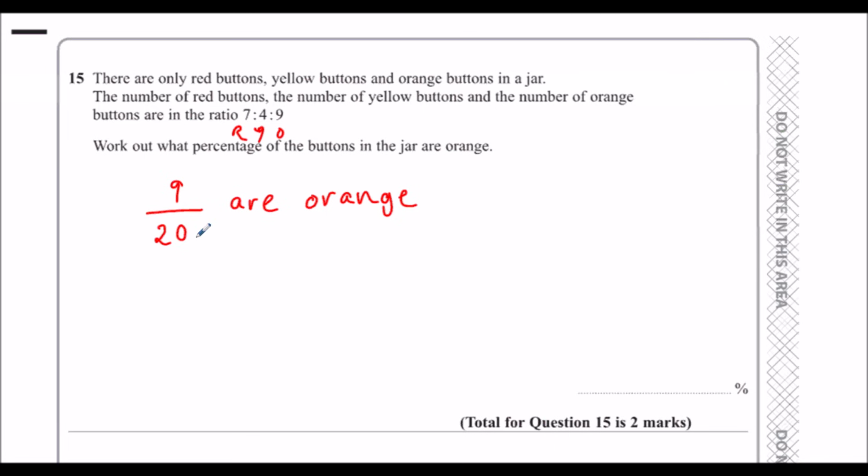So we need to change the denominator to be 100. So if we times top and bottom by 5, 9 5s are 45, 20 5s are 100. So we get 45 out of 100, which means 45%. Because percent means per 100.